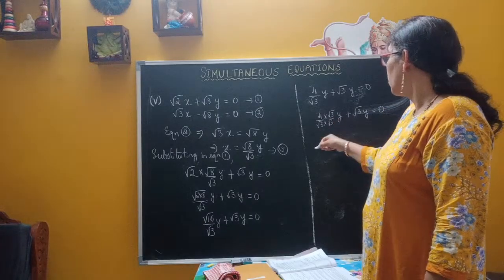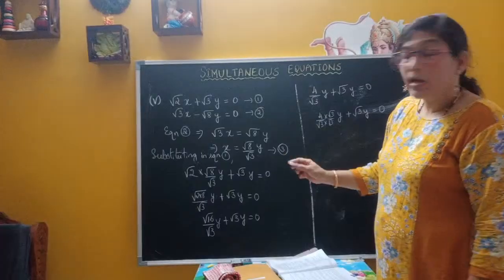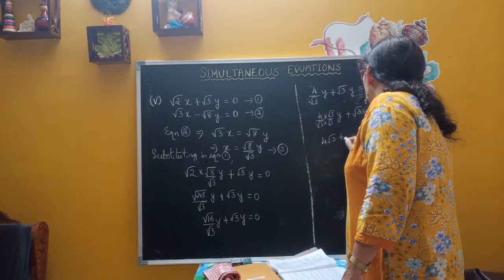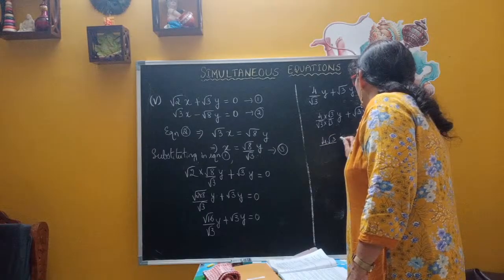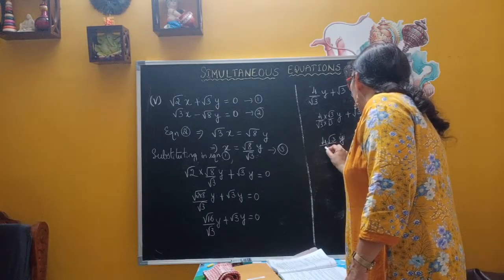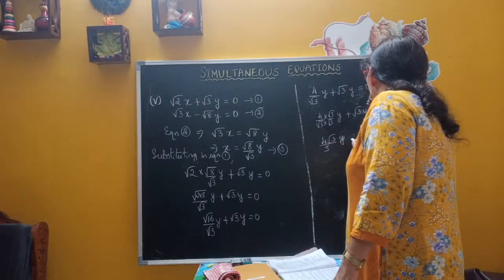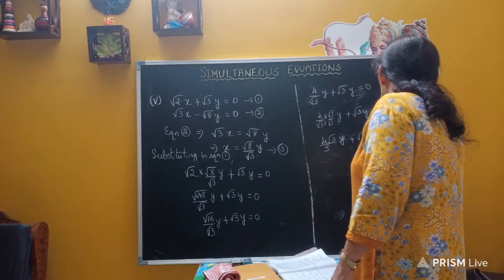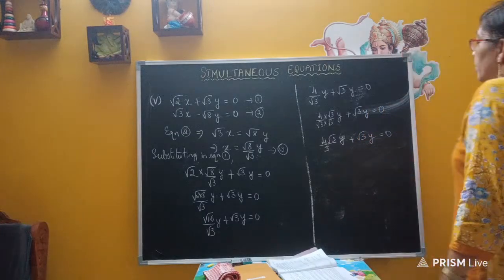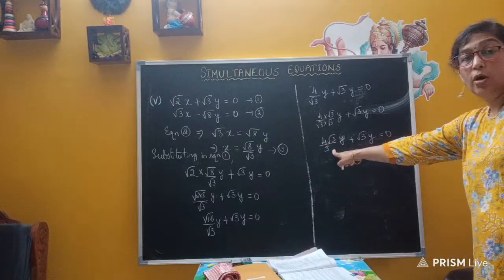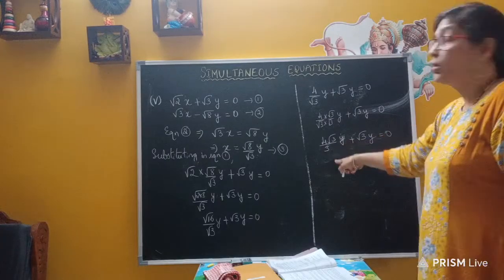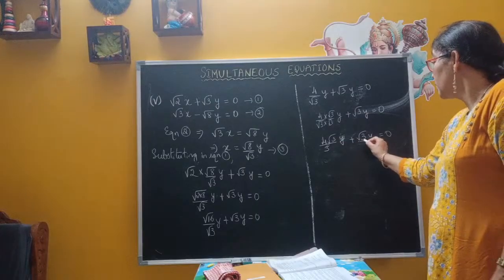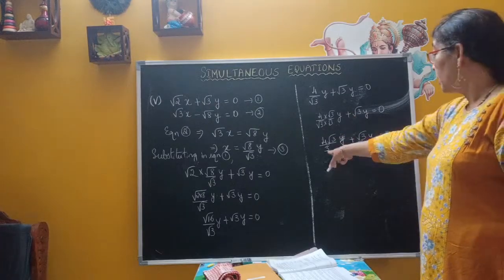Here root 3 into root 3, what do we get? 3 threes are 9, square root of 9 is 3. So 4 root 3 y by 3 plus root 3 y is equal to 0. Now this is in fraction form, so while adding, what should be done? We should take the common denominator or the LCM. LCM of 3 and 1 is 3 itself.